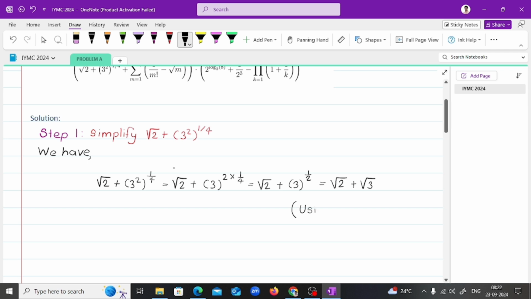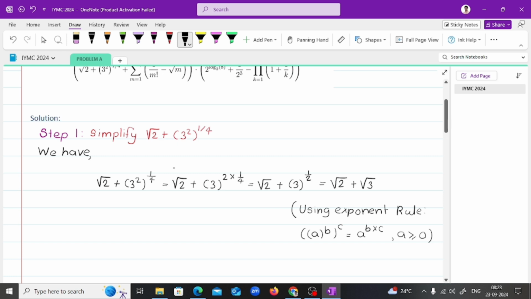So now I will write the thing that we have used here. So using exponent rule, here we have used the exponent rule: (a raised to b) raised to c is equal to a raised to b into c, provided that a is greater than or equal to 0.